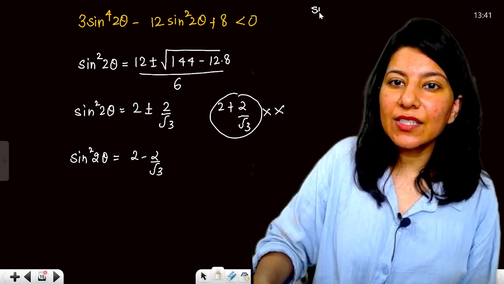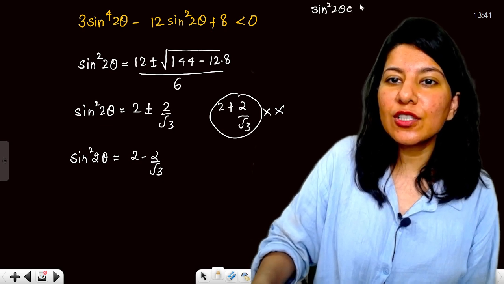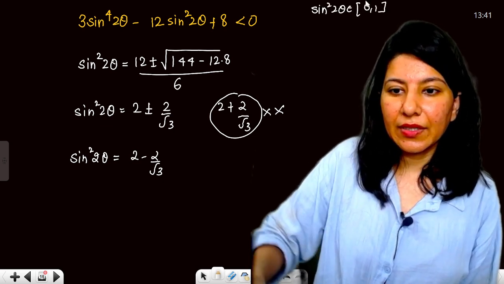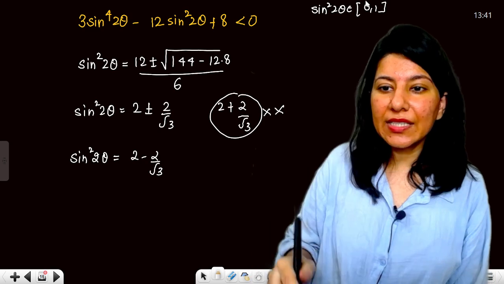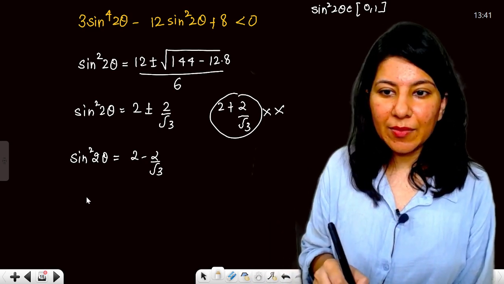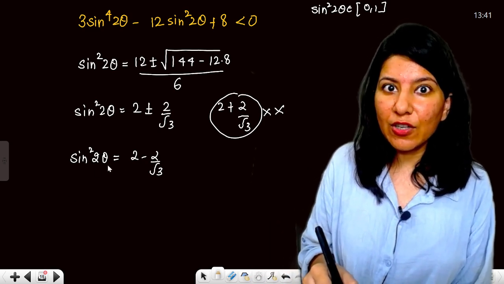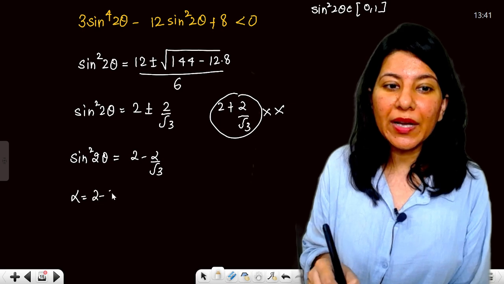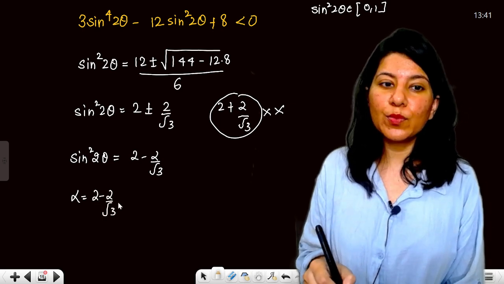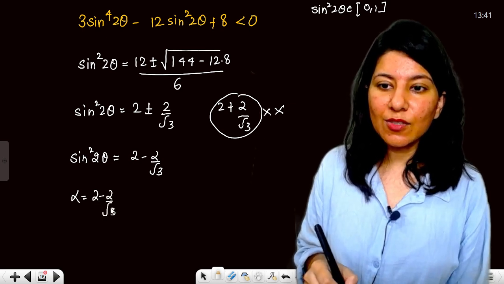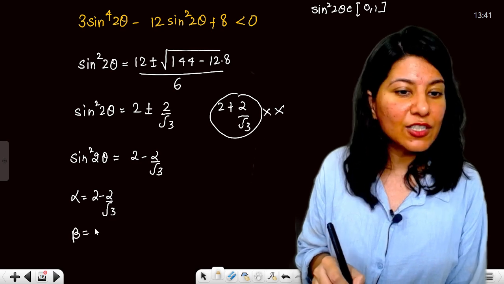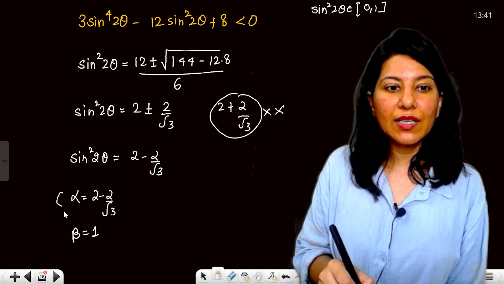You know that sine square 2 theta ranges from 0 to 1, right? So the smallest value will be what? Tell me, alpha is the smallest value of sine square 2 theta. So alpha will be 2 minus 2 by root 3 if you carefully observe this. This is the smallest value and beta is the largest. So the largest possible value can be 1, right?